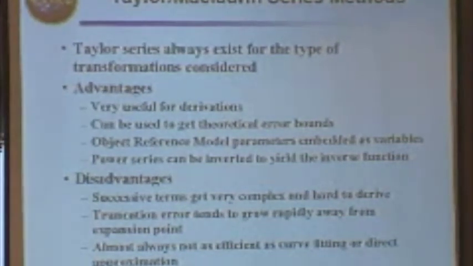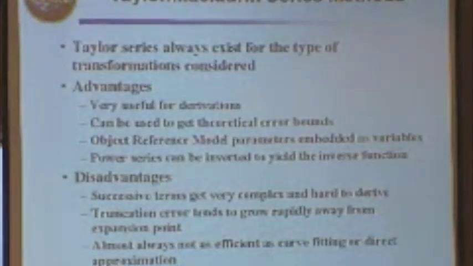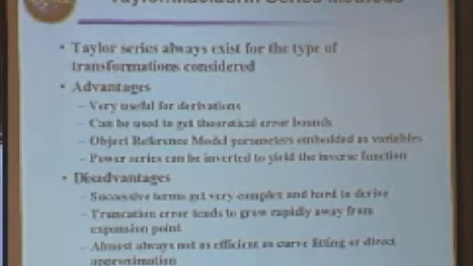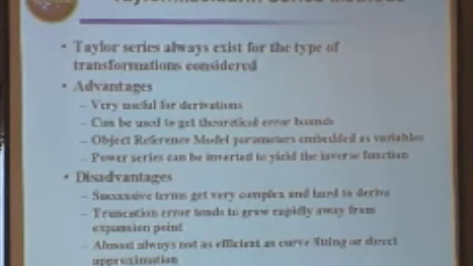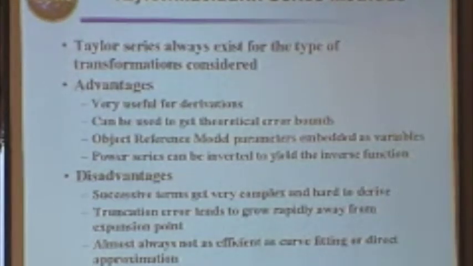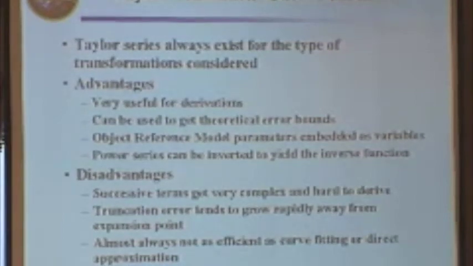In fact, you have to use Mathematica or something like that just to get the terms. And probably you're going to have a lot of round-off problems because you have so many terms that you're computing, you're going to lose the solution. Also, the truncation error tends to grow monotonically and rapidly when you get away from the expansion point, and they're not as efficient as other approaches.